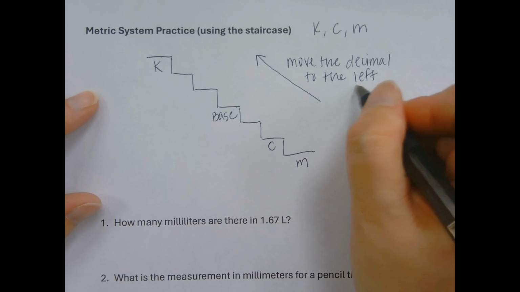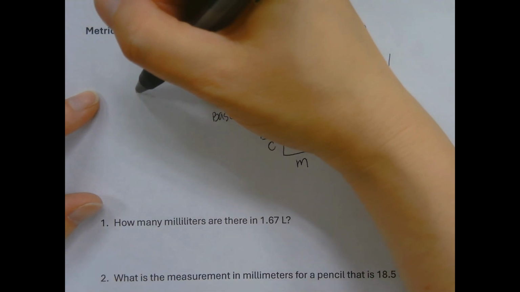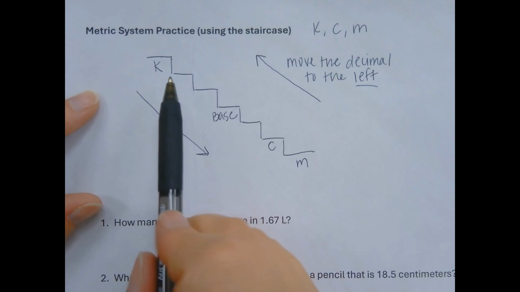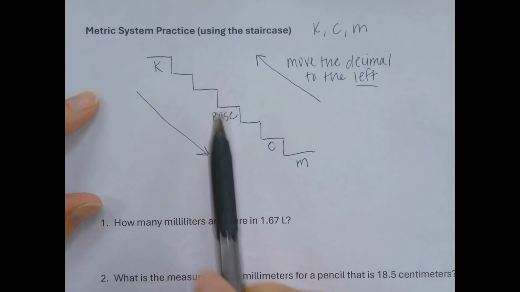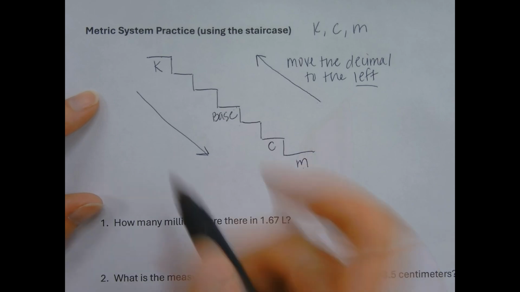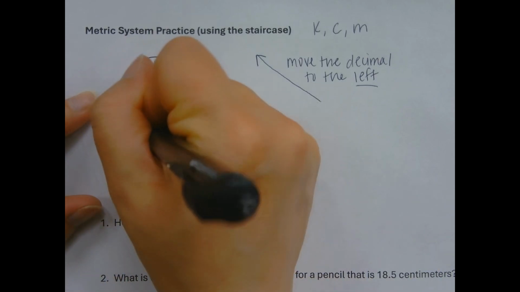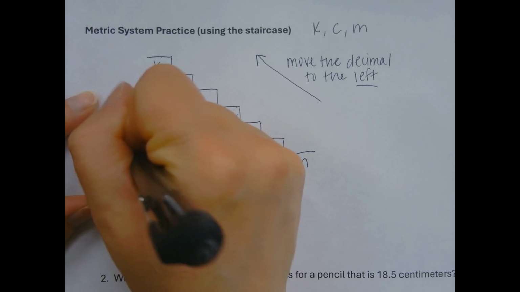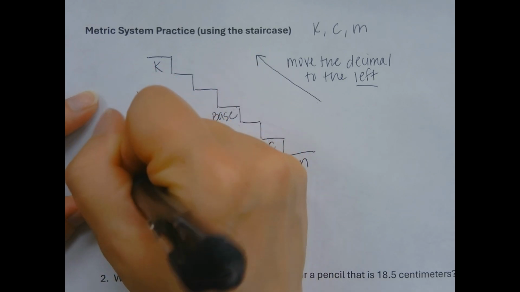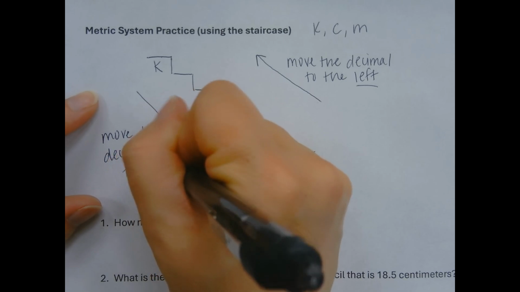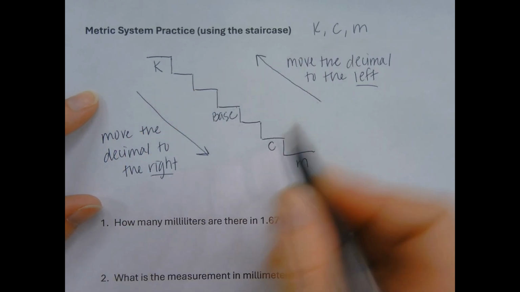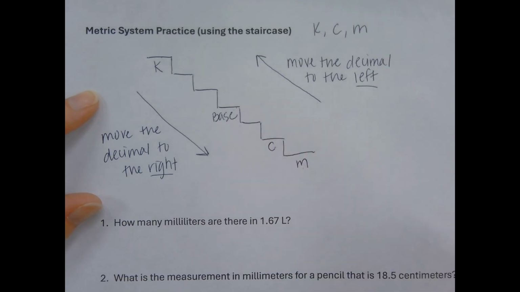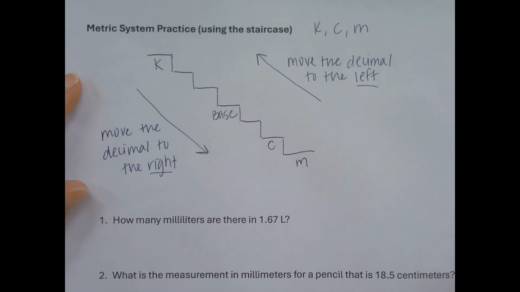And if we're going down the staircase, meaning we're converting from kilo to the base or from the base unit to milli, we're going to move the decimal to the right. Again, the arrow is pointing down, but it's kind of pointing towards the right. So that's how I'm going to remember this.